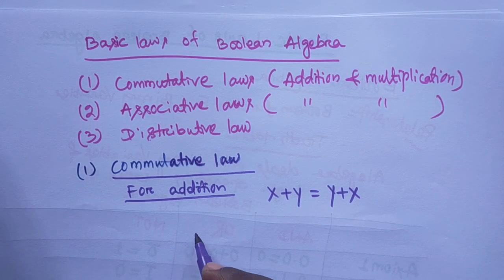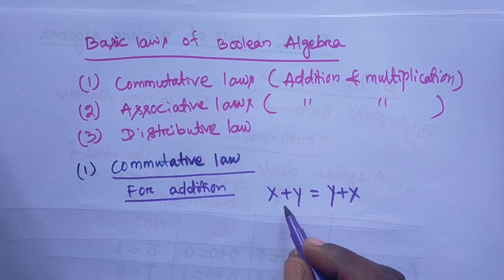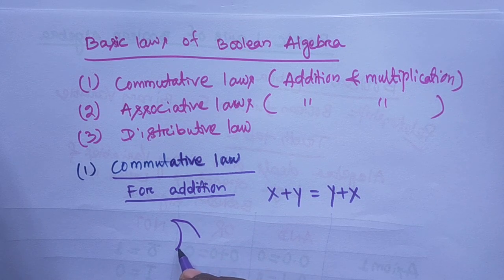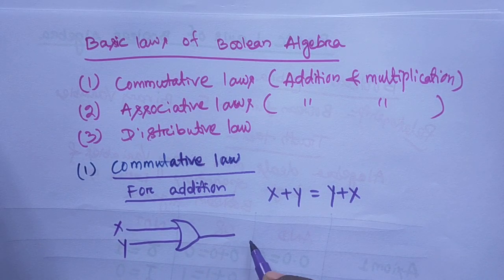You see, for x plus y, definitely we go through an OR gate. Two variables we consider, x and y.